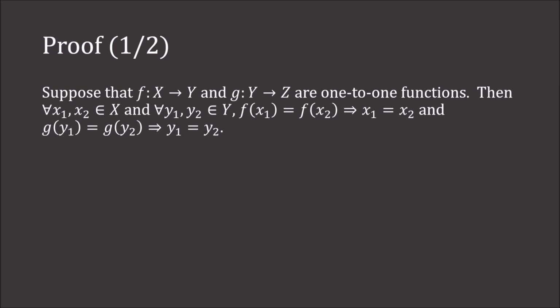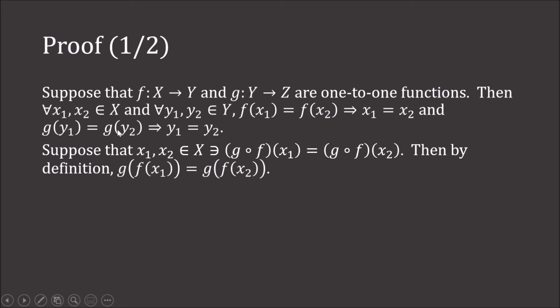Then this means for every x1 and x2 in X, and for every y1 and y2 in Y, f of x1 equaling f of x2 means that x1 is equal to x2, and g of y1 equaling g of y2 means that y1 is equal to y2.